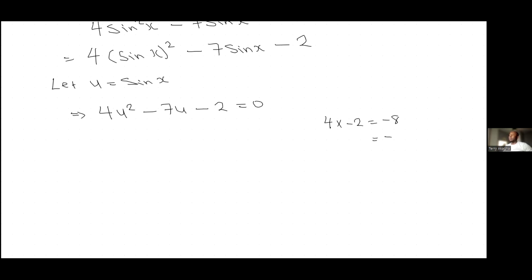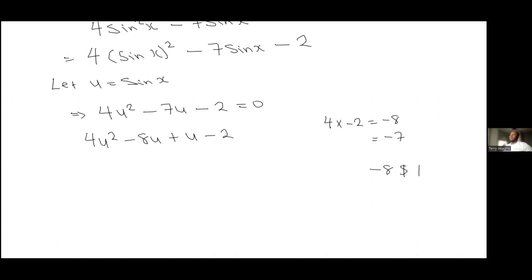It's going to be minus 8 and 1. So minus 8 times 1 will give you minus 8. Minus 8 plus 1 will give me minus 7. So it's going to give me 4u squared minus 8u plus 1u minus 2 is equal to 0.